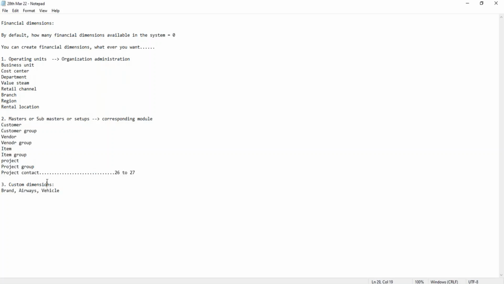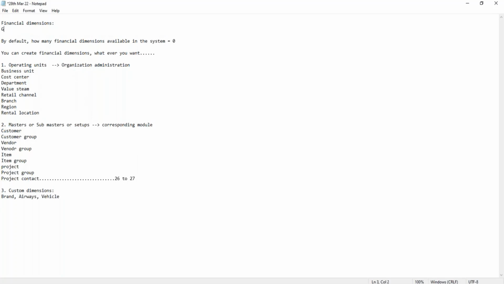Now for custom dimensions, where we can create financial dimensions, the path is general ledger, chart of accounts, dimensions, financial dimensions.